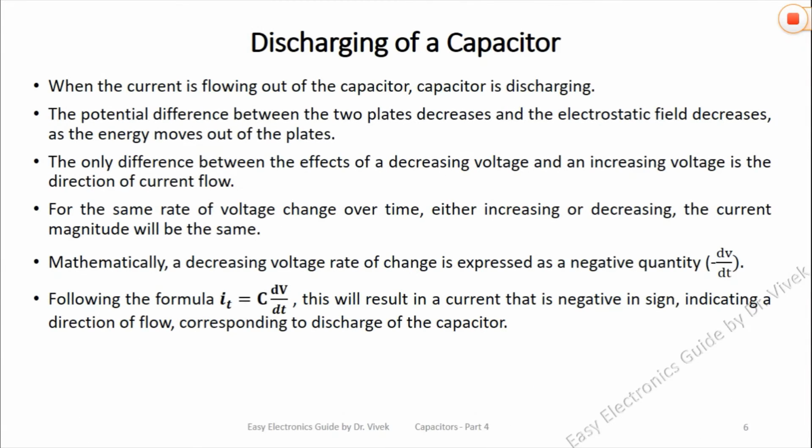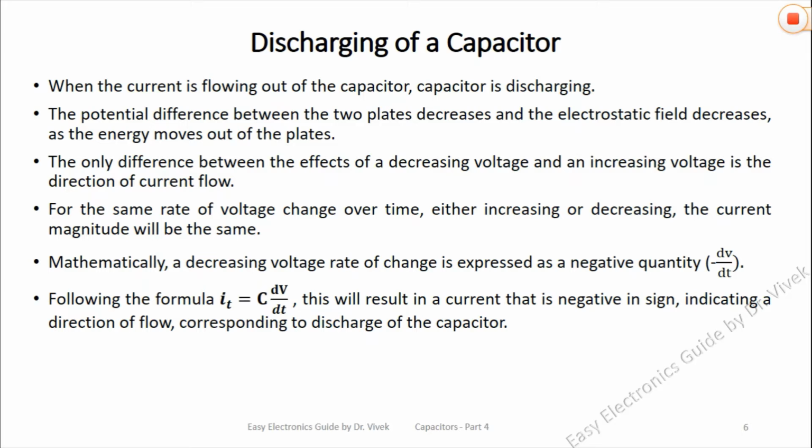When the current is flowing out of the capacitor, it is discharging. The potential difference between the two plates decreases and the electrostatic field decreases as the energy is moving out of the plates. The only difference between the effects of a decreasing voltage and an increasing voltage is the direction of current flow.